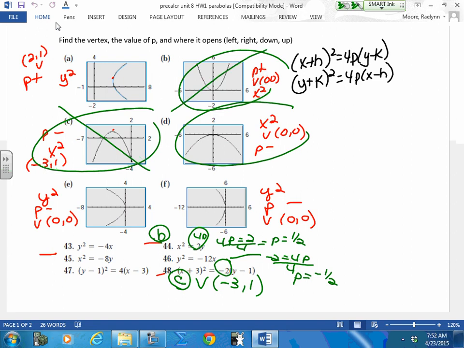So then this guy, it's an x squared. Which way is it opening? Down. So negative 8 is equal to 4p. Therefore, p is equal to negative 2. Oh, negative. It's opening down. Okay, so this one is D. And that's done. Good so far?